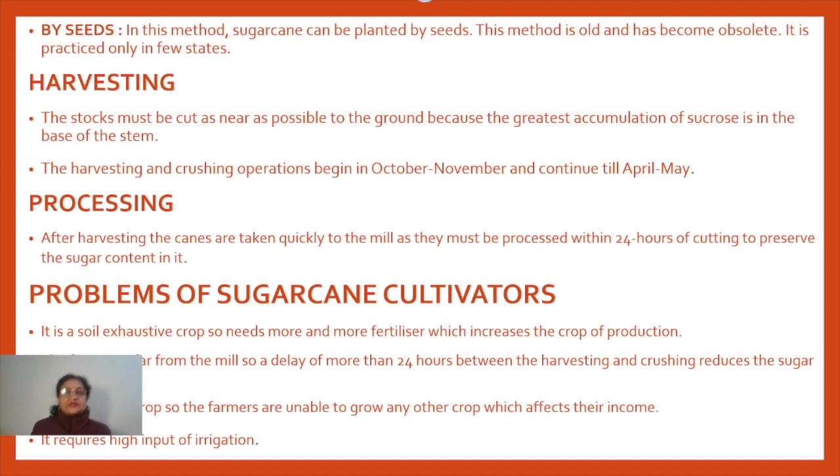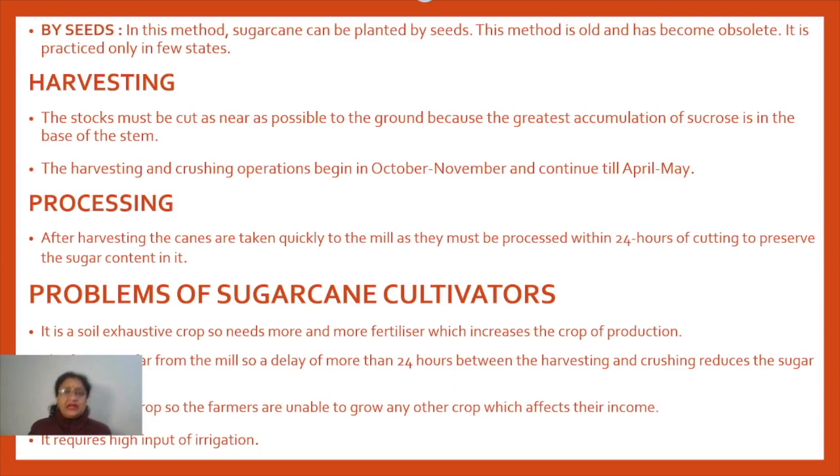Without that, the soil's fertility goes down. So always more and more fertilizers are required. Even during the growing season of the sugarcane, we need to put a lot of fertilizer every now and then. And if we use more fertilizers, we use more irrigation. Irrigation is also required at times.